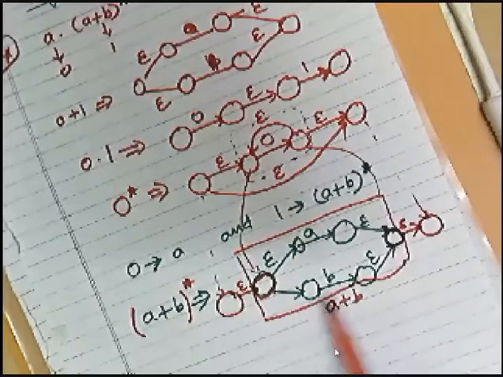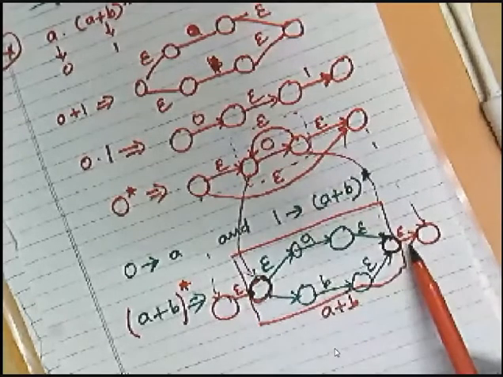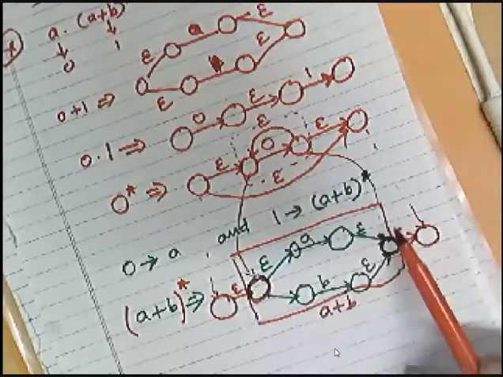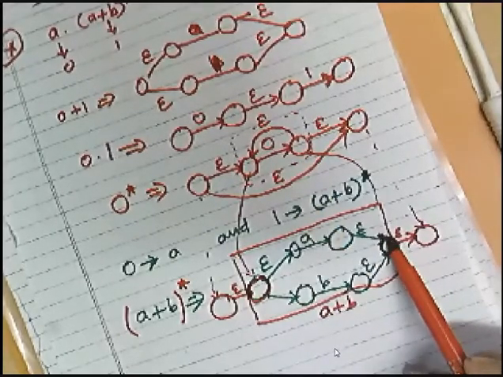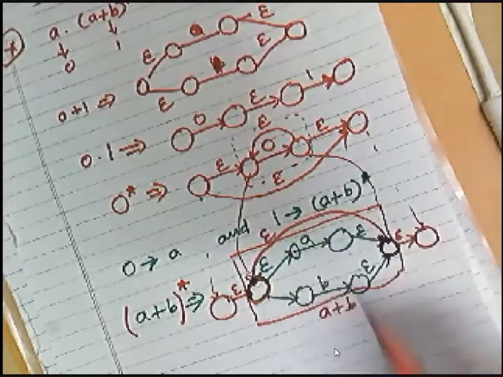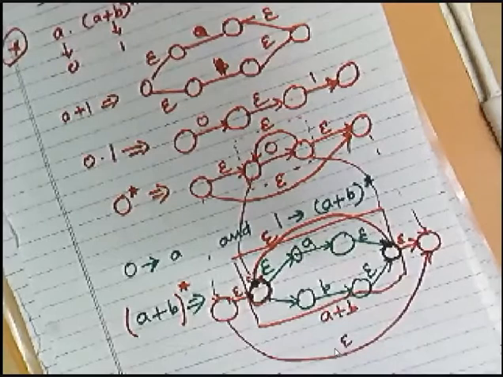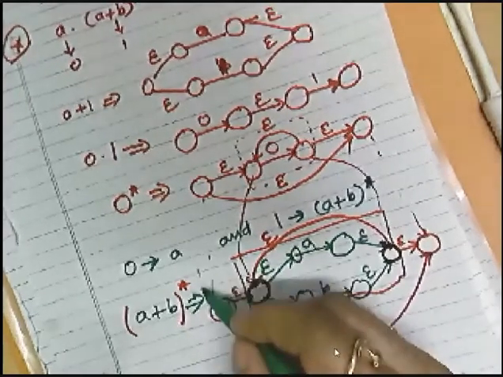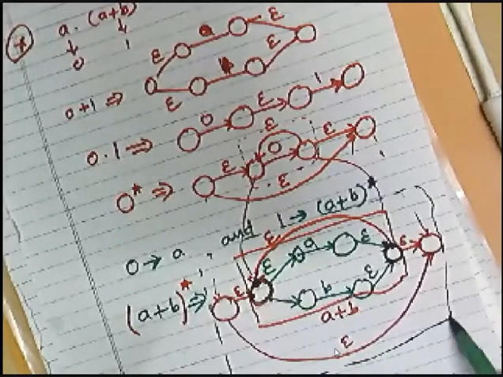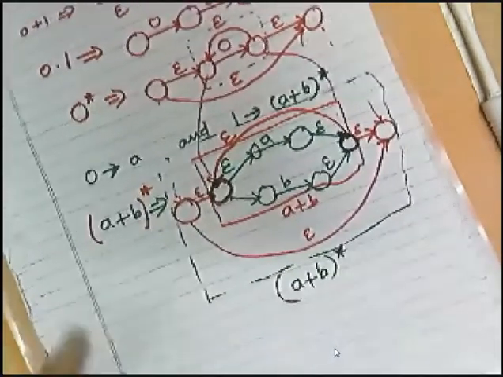Now this is only A plus B and we have just added 2 states. Now we have to show these 2 epsilon moves also represented, right? Now we have to show these 2 transitions, this one and this one. So where will they be? It will be from here to here with the epsilon move, and second will be from here to here. Okay, so now from this to this particular part, this will become A plus B whole star, right?